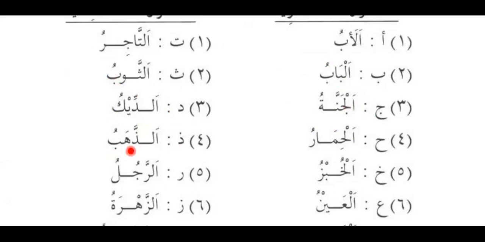Here is another new word, al-dhahabu. Gold. Al-dhahabu, gold. Sometimes some of the words that have alif and lam in Arabic are better translated into English without using the article the.